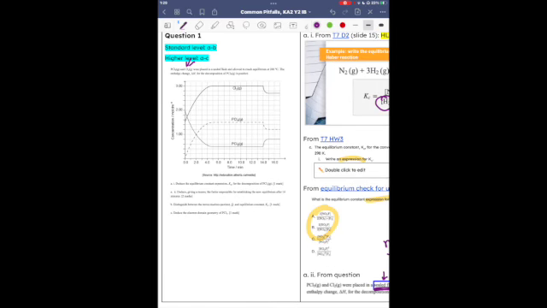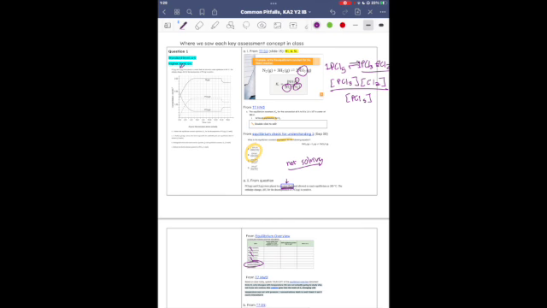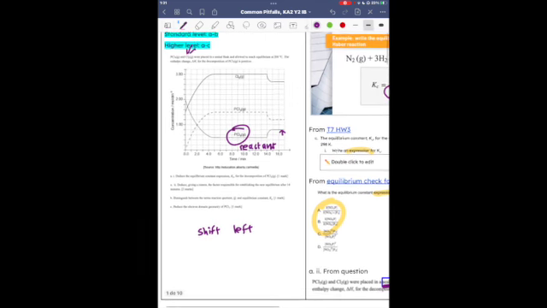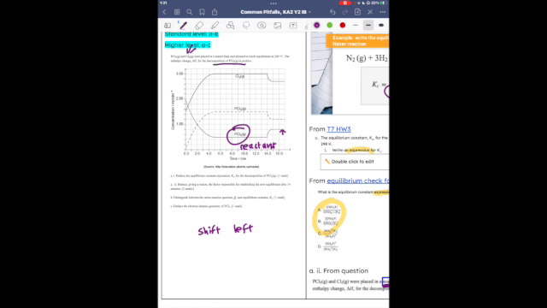So I see that my reactant concentration increased. All right, so that means that I shifted left if the reactant concentration increased. In this case, the forward reaction is endothermic.